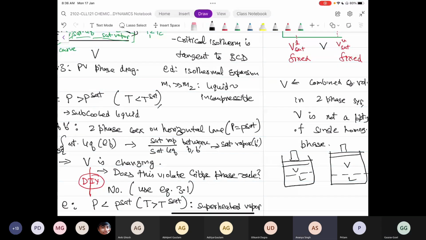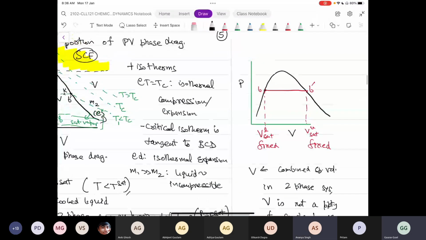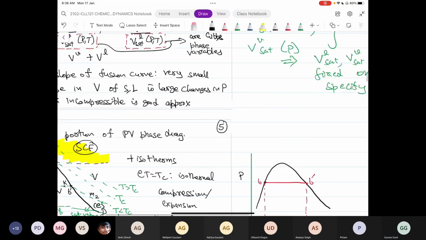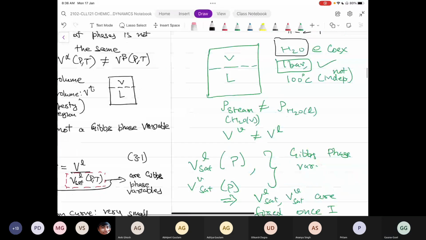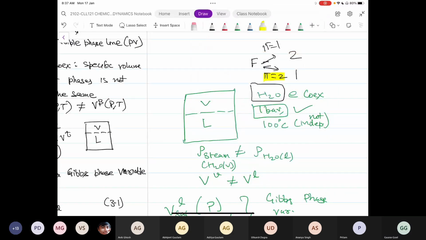Sir, VL sat and VV sat will depend on two intensive variables, right? No. That's what we just discussed: if you have a pure species at coexistence, pi is equal to 2.